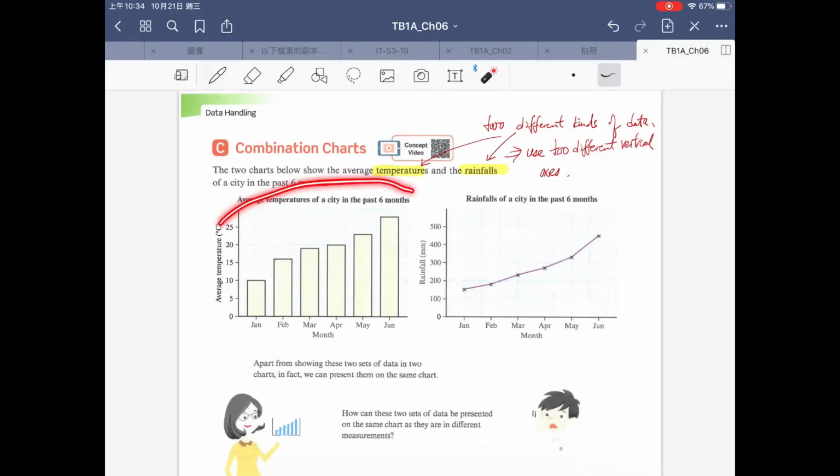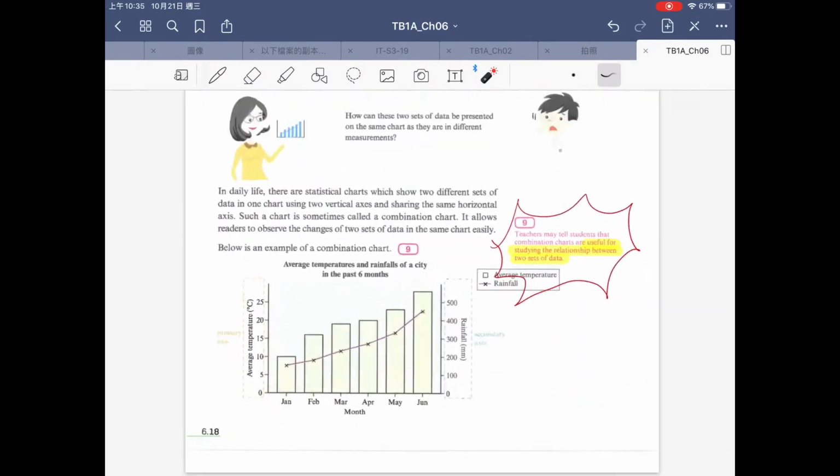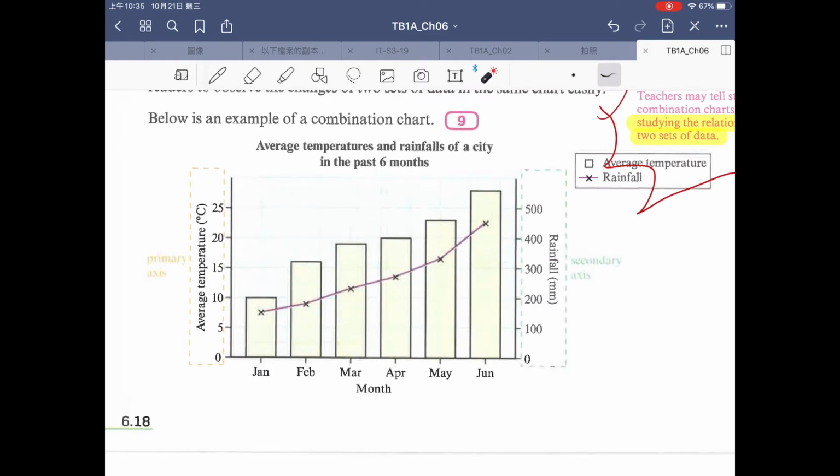First of all, we have a bar chart and a broken line graph. So we can combine them into a combination chart. But we have to add one more vertical axis on the right-hand side. So this vertical axis showing the temperature, that is the bar chart.